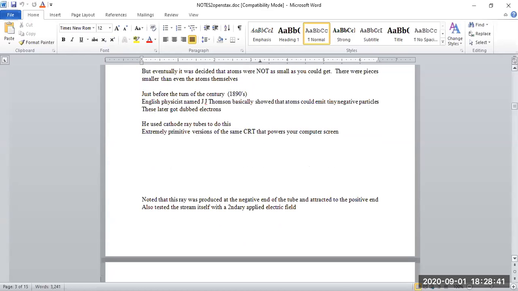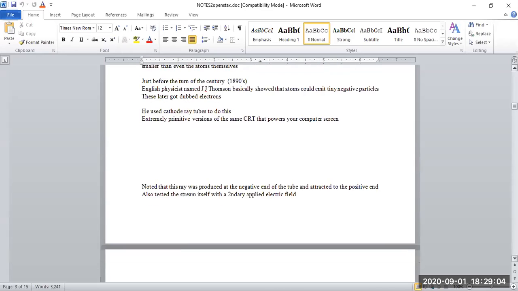He looked at this little negative particle stream, and it hit the opposite end of his tube, and it glowed. He began to rationalize that since one end was negative and one end was positive and they were going toward the positive end, they must be negative because he knew opposites attract.